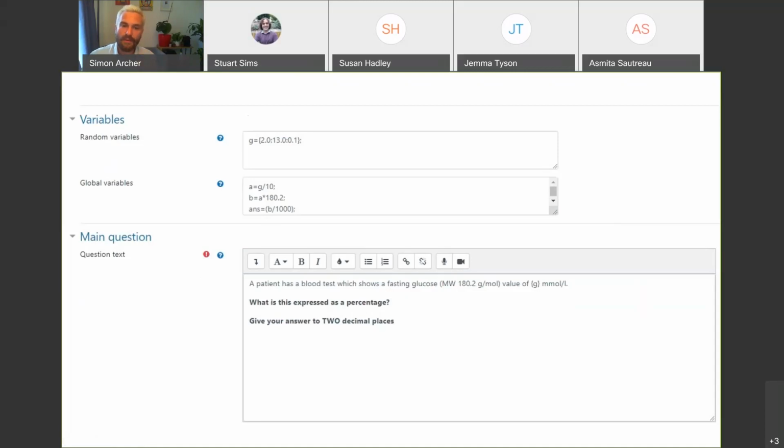It flags up with a red warning underneath whichever box it's in, and it tells you which line the error is on. So actually, if this semicolon was missing, or with a double colon, underneath it would say line 2 syntax error, formula not working. So then you can go back and review that to find out why.